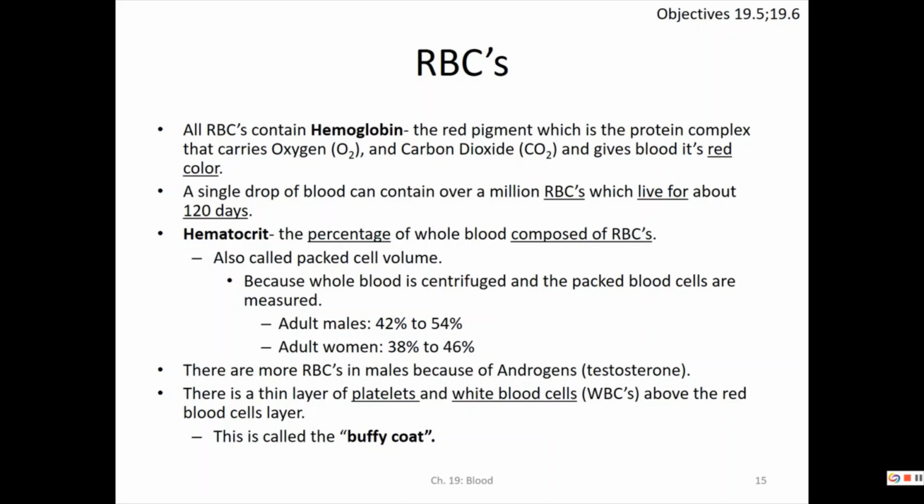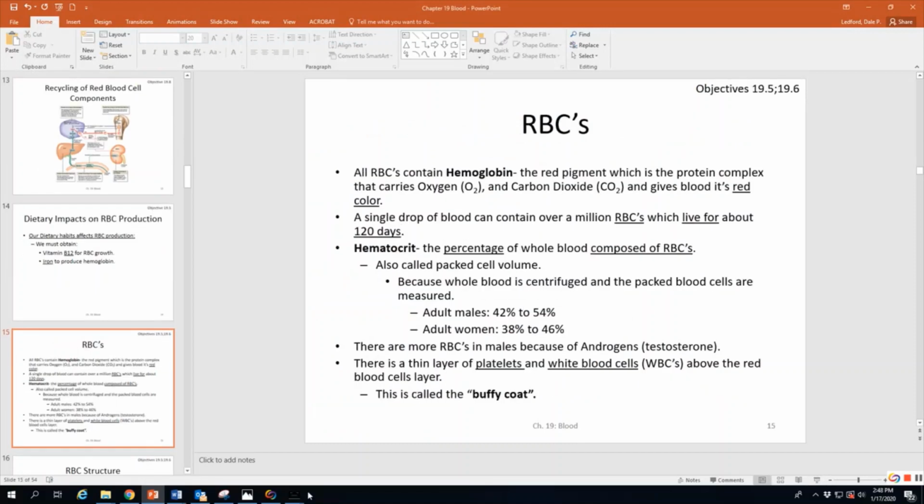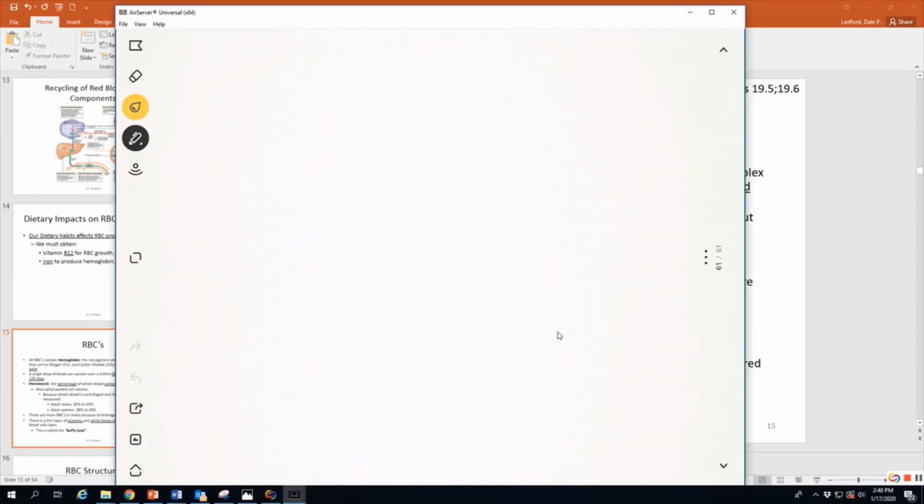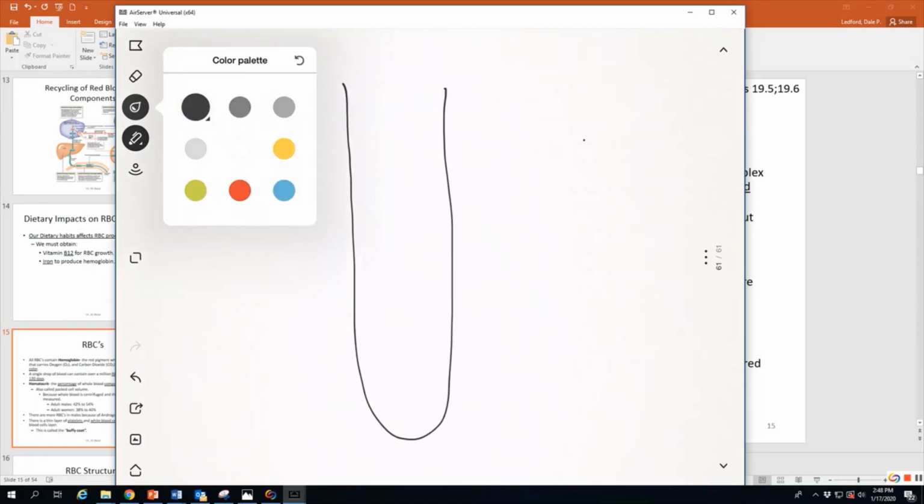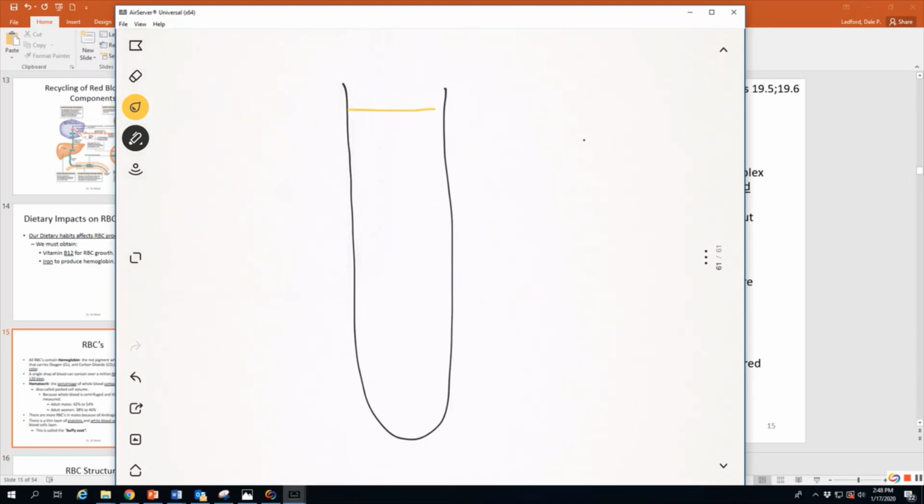Now, let's get in here and talk about something. We've done a drawing already. Let's do it one more time. If I were to take whole blood in a tube and spin it down, you have 55% plasma here, then you have your buffy coat, then you have 45% RBCs here.